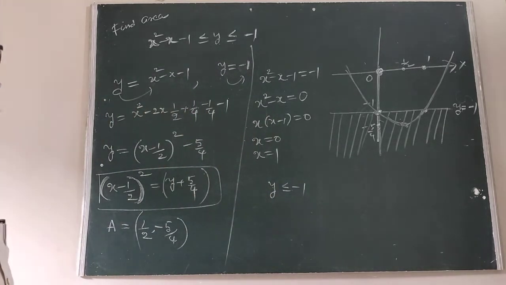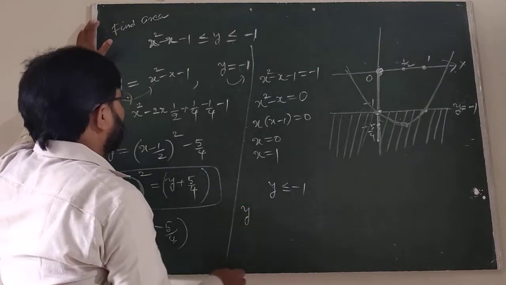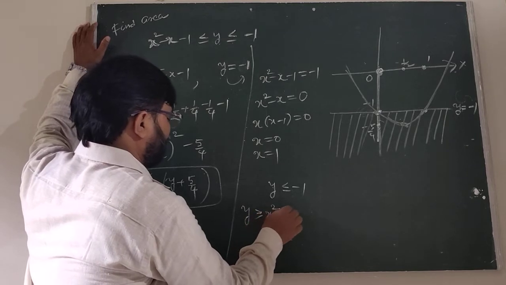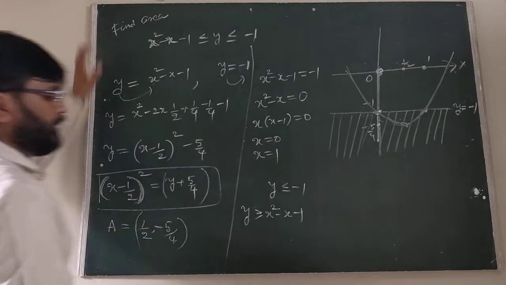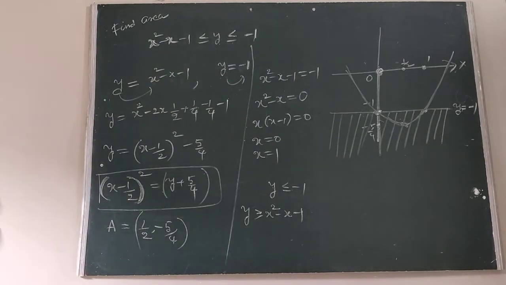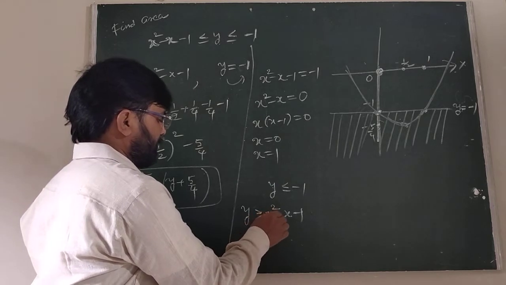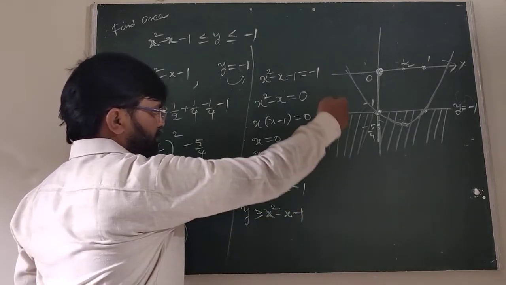After that, one more graph is there, y greater than or equal to x square minus x minus 1. All of you listen here to what we are taking.